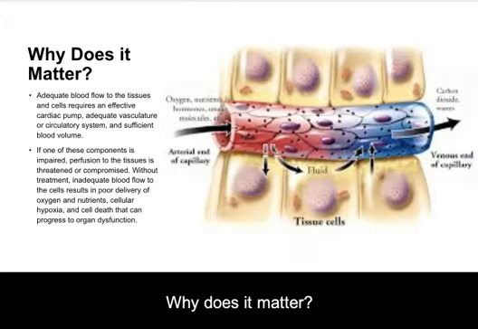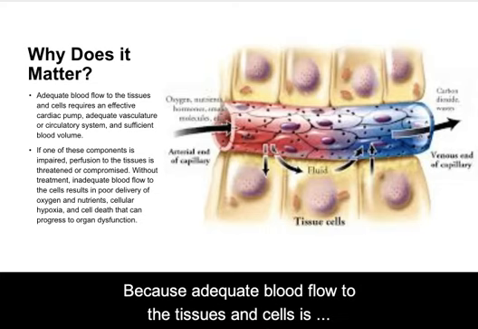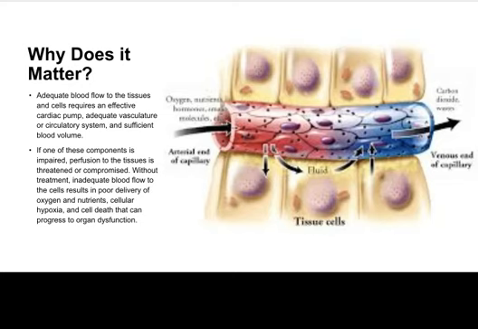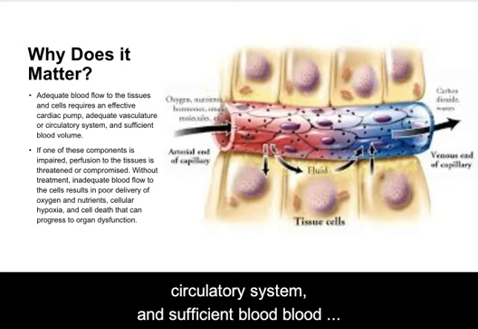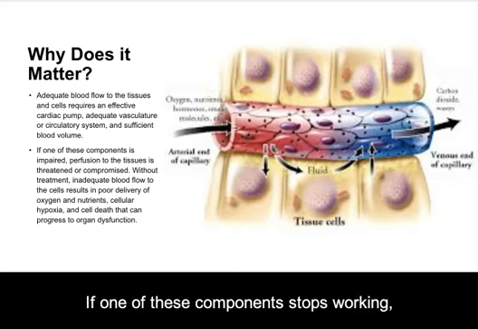Why does it matter? Why does all of this have to happen, right? Because adequate blood flow to the tissues and cells is extremely important. An effective cardiac pump, adequate vasculature or circulatory system, and sufficient blood volume are important for life. If one of these components stops working, then tissues do not get perfused.